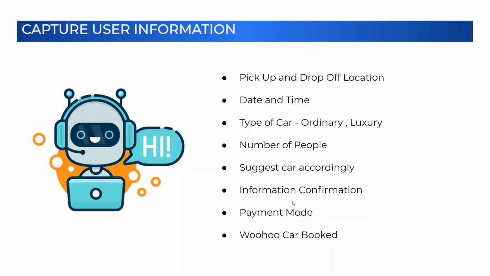Let's take a moment. As I mentioned, we'll be building a voice bot for a car rental program. Now let's think about what information we will have to capture from the user to book a car. First thing is we need to know the pickup and drop off location of the customer. Second thing is we need to know the date and time of it. Third thing we also need to know is what type of car they are preferring.